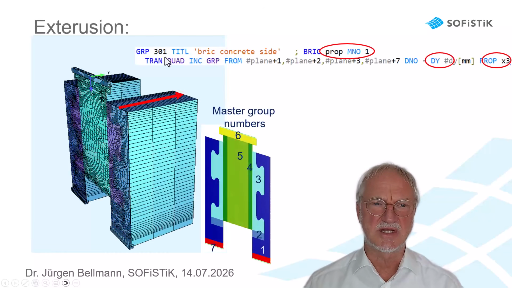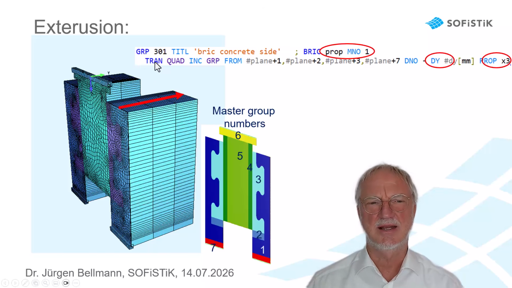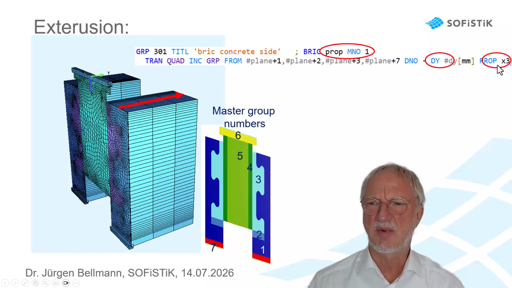We can use the command TRAN from SOFiMesh A, where we can transform or extrude quad elements to brick elements. Therefore there is here a property command x3. X means extrusion with 3 elements, 1, 2, 3.